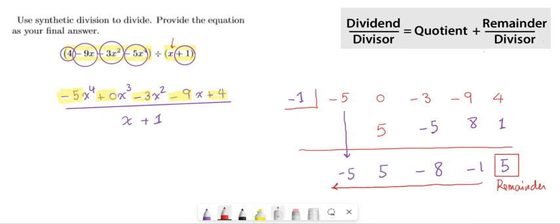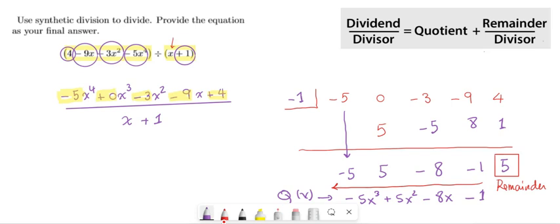You assume that the first term from the right side is x to the 0, this is x to the 1, this is x squared, and this is x cubed. In other words, your quotient is minus 1 on the right side, minus 8x here, plus 5x squared, minus 5x cubed. So this is your q of x.